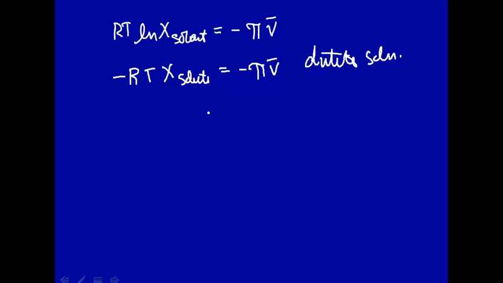At this stage, we might try to remember what the introductory chemistry equation was for osmotic pressure. The osmotic pressure pi is equal to the molar solution concentration times R times T.